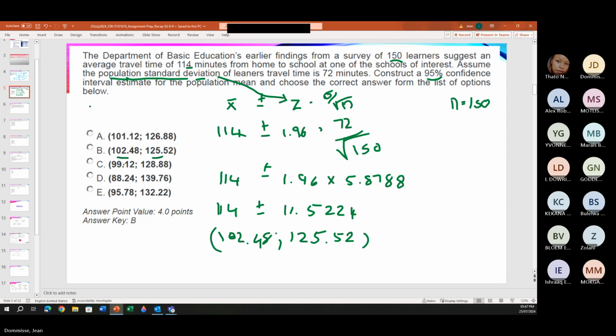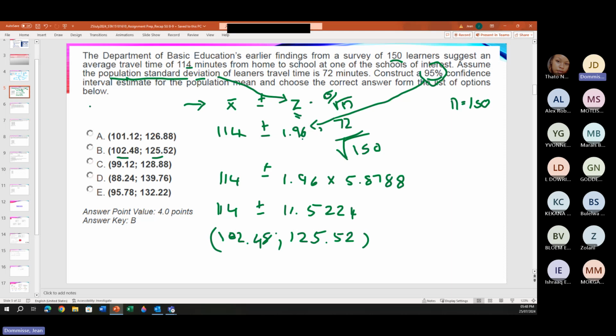Okay, so first we need to identify that we're working with a population standard deviation. Because it's population standard deviation, we can work with a Z, then this is the formula that we will use. It's the mean plus minus the Z times the standard error. Then because they tell us it's a 95% confidence interval, I can automatically use the Z as 1.96.